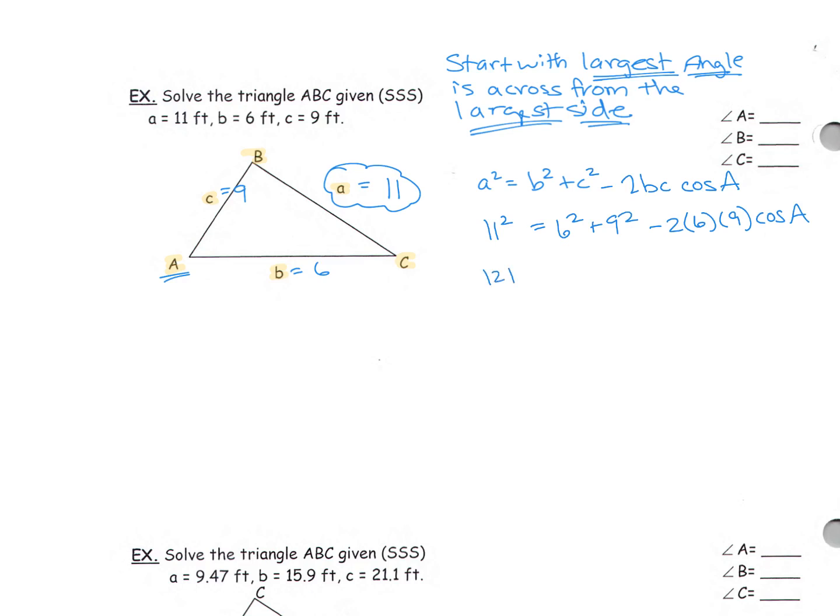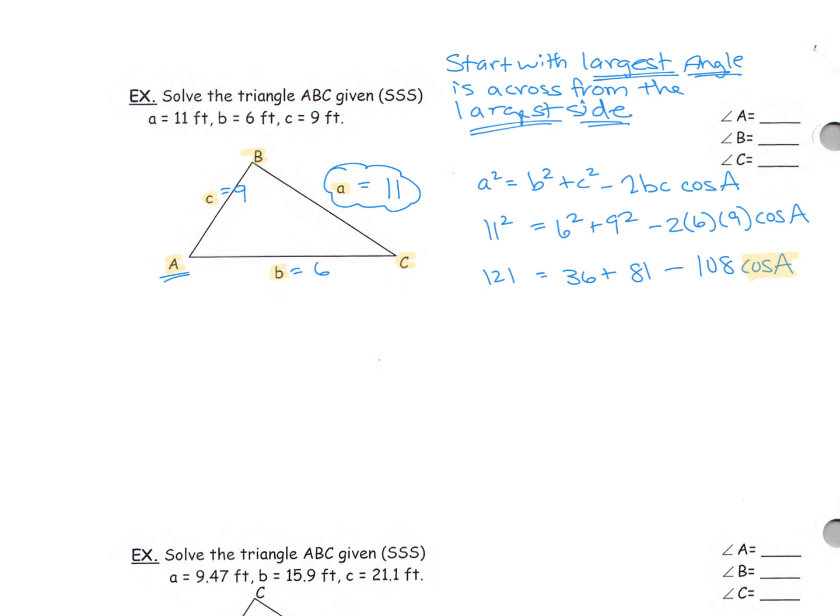11 squared is 121. 6 squared is 36. 9 squared is 81. 2 times 6 is 12, times my 9 is 108, times cosine of A. Now remember what I'm solving here. I'm solving for cosine of A. So I want to get cosine of A by itself.